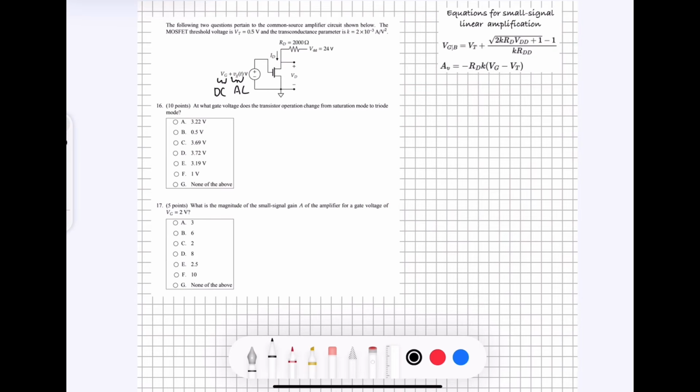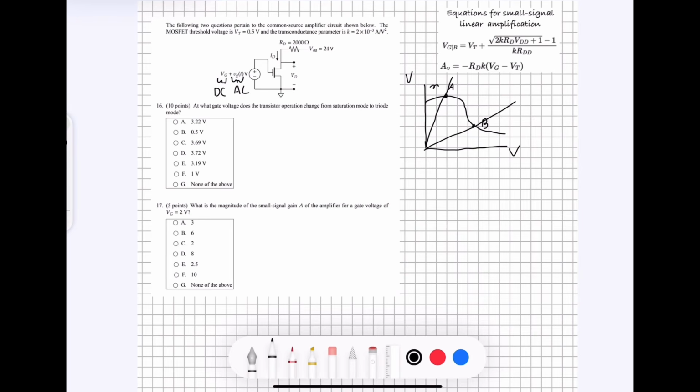Question number 16 asks, at what gate voltage does the transistor operation change from saturation mode to triode mode? For this one, we want to use our first equation up here, because that's going to give us the gate voltage at B. If you remember our voltage versus voltage graph, we've got point A here and point B here.